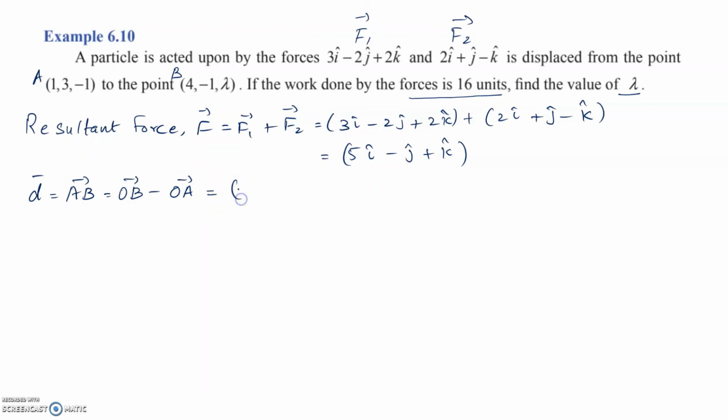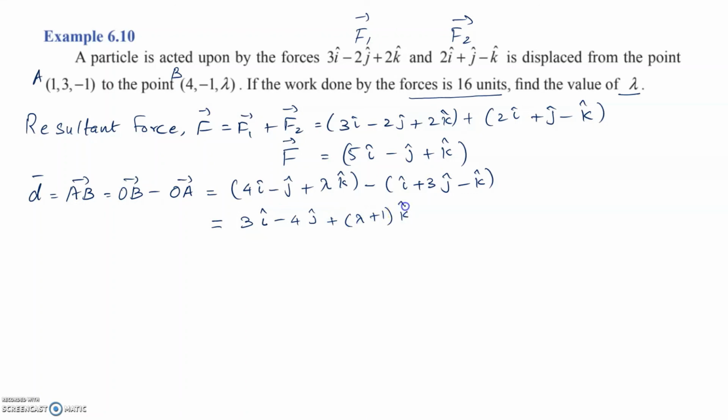And we can further, our OB would be 4i cap minus j cap plus lambda k cap minus OA vector would be i cap plus 3j cap minus k cap, and that is equal to 3i cap minus 4j cap plus lambda plus 1 k cap. So that's our vector D.